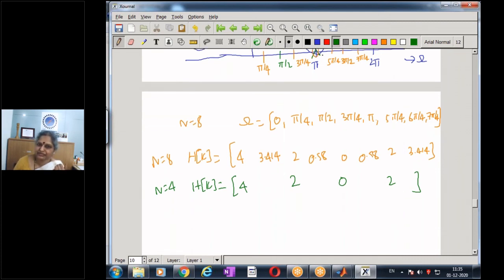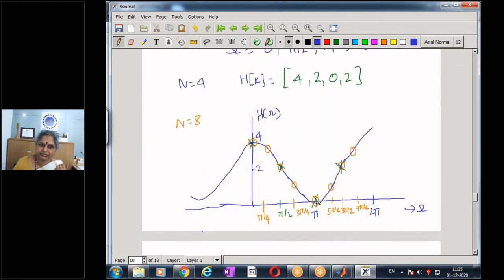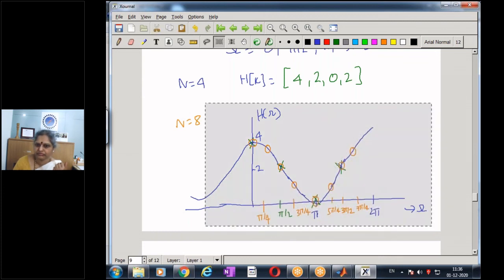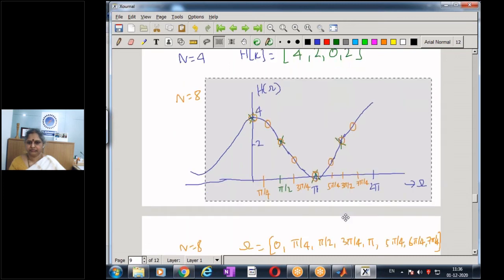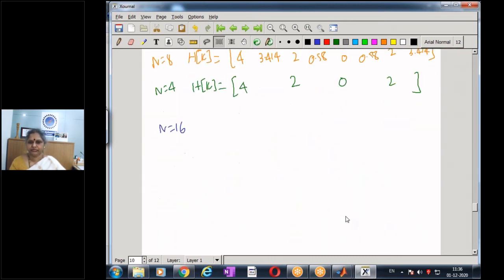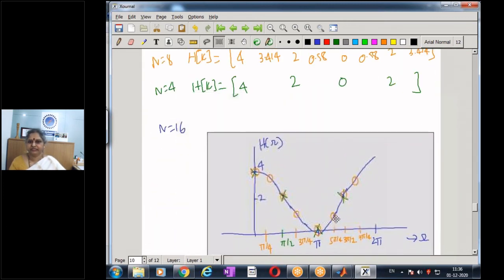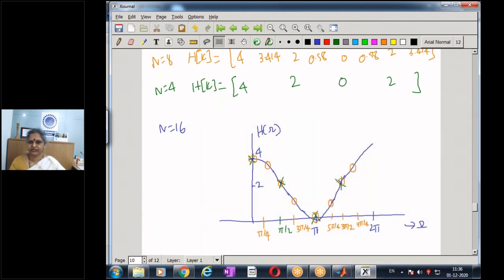Now let's try to do the same for, let us say, n equal to 16.